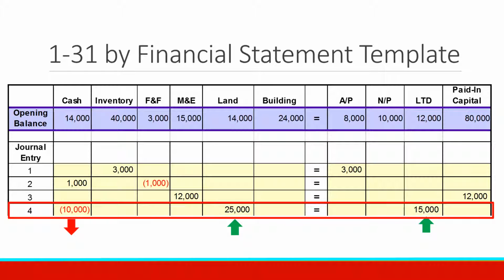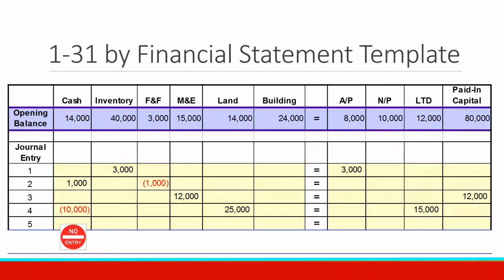So the remaining part of the journal entry we need to find is $15,000. They tell us that we get the land by issuing a long-term debt note of 5 years in duration. So we're going to put $15,000 into the long-term debt column.